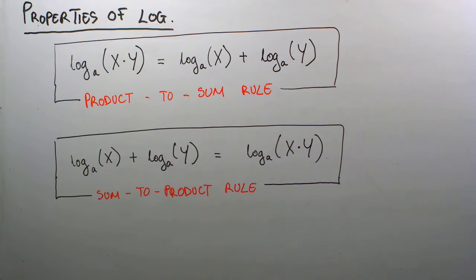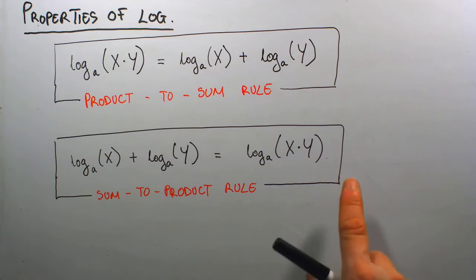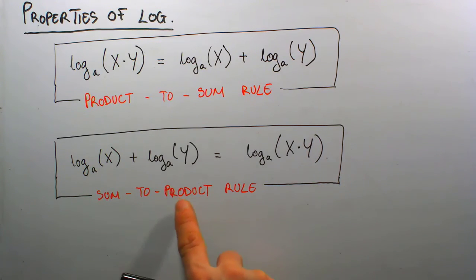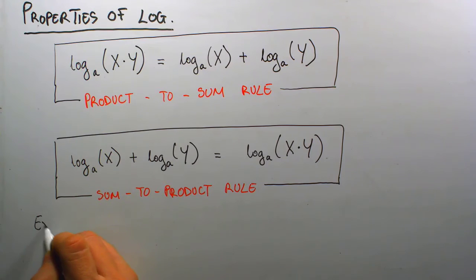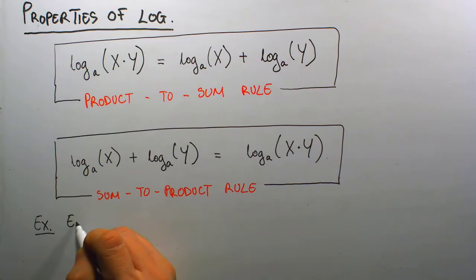And so the earlier example I showed emphasized how we can use the same property as a sum to product rule. But then, allow me to show another example where we can expand a logarithm expression.